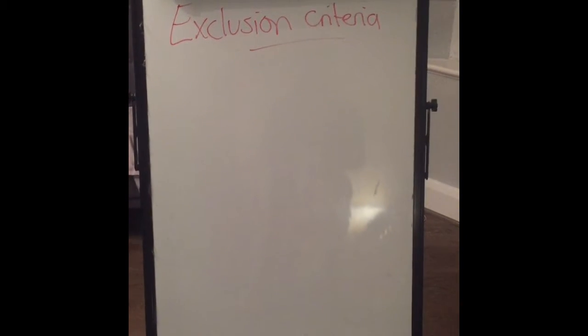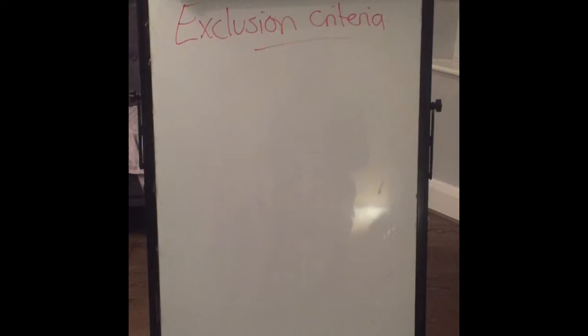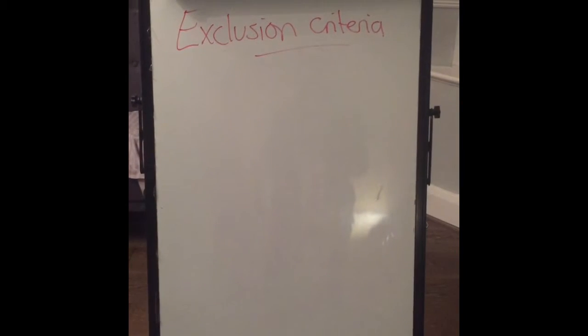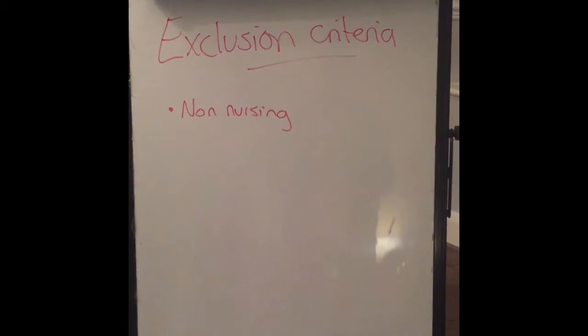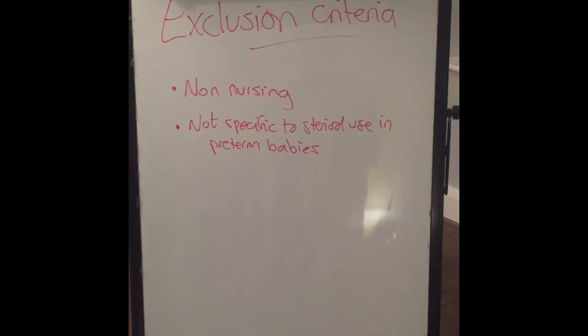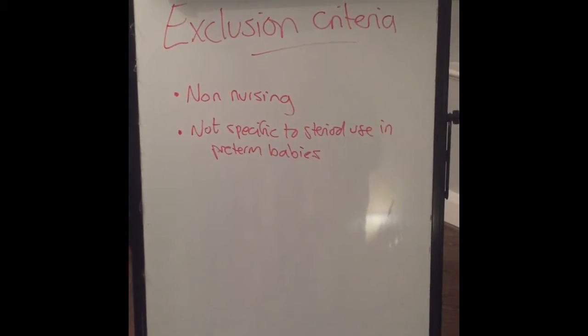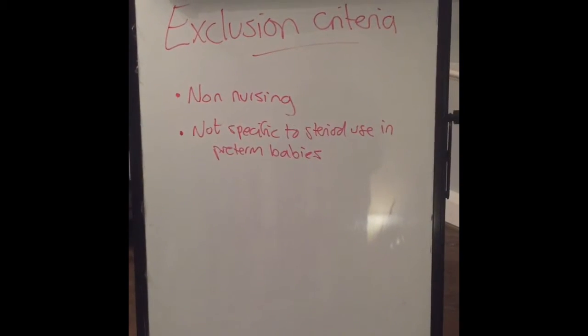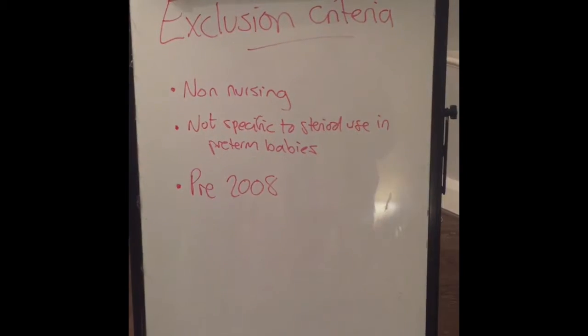It is also important that you document your exclusion criteria as well. So in this example, non-nursing material will be excluded. Anything not specific to the use of steroids in preterm babies.